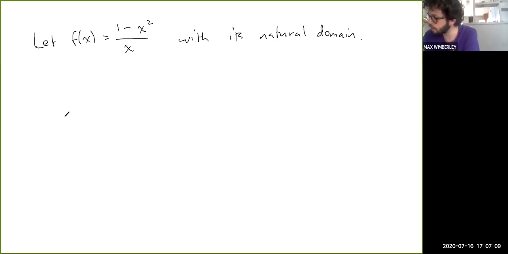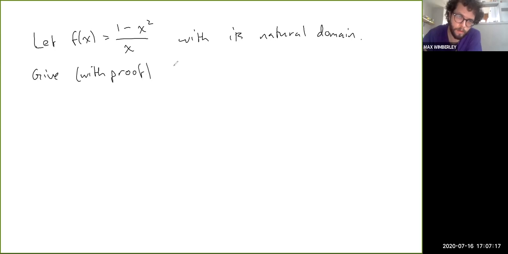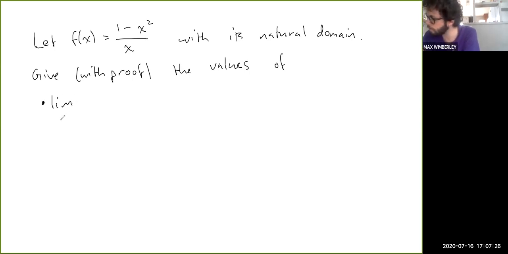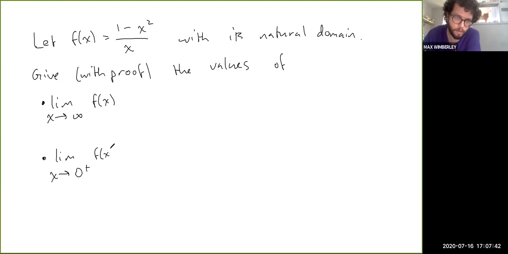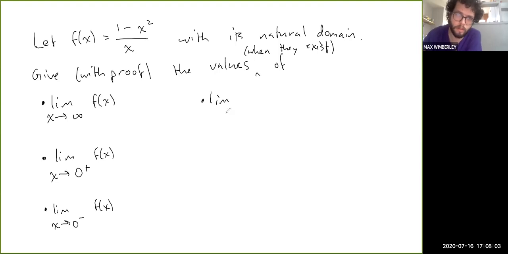Then give, with proof, the values of the limit as x approaches infinity of f of x, the limit as x approaches 0 from above of f of x, the limit as x approaches 0 from below of f of x, and, of course, when they exist, the limit as x approaches negative infinity of f of x.